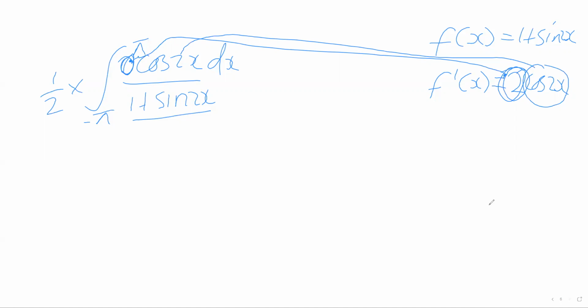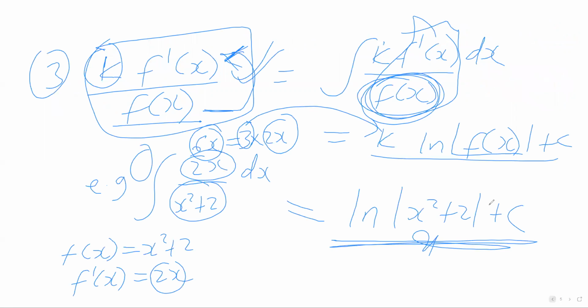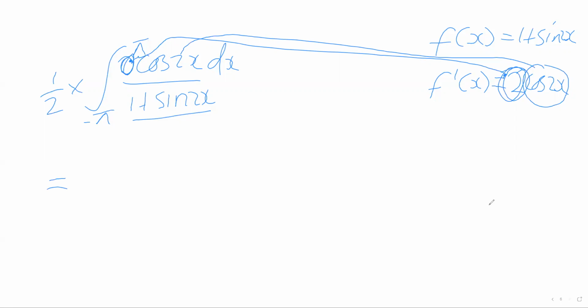And the reason why is that when we are integrating, we are going to use this criteria here. If we have a 1 over 2 there, that was supposed to cancel with that 2, because that's the only way the derivative doesn't have a 2 there. So it means we have 1 over 2, then ln 1 plus sine 2x here.